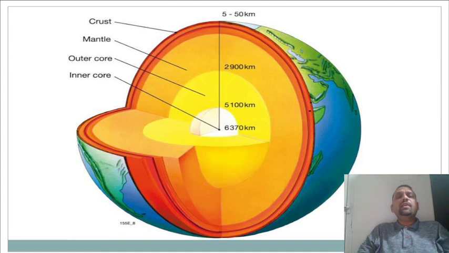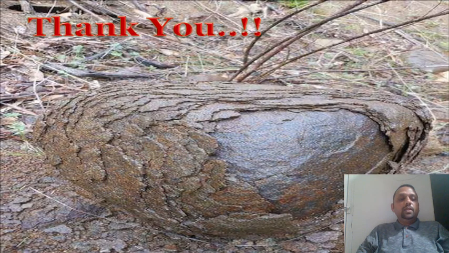And then we have the outer core and inner core. The outer core is in a semi-liquid condition and is continuously revolving around the inner core, which is in a solid state. So the total radius is about 6400 kilometers or 6300 kilometers, whatever you can say, and the temperature is more than 3500 degrees Celsius.